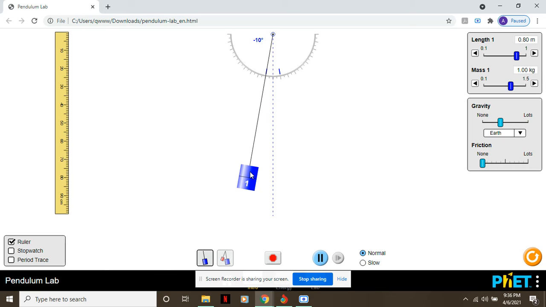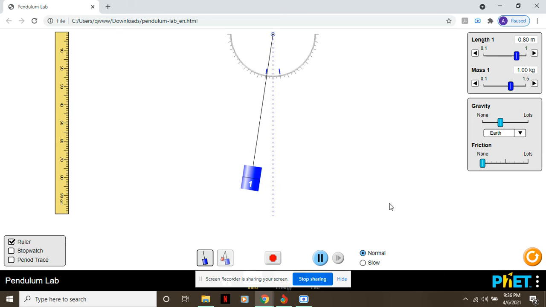Now the time it takes for it to move through one complete oscillation is what we call the period of the pendulum. And since it's time, we use the second to measure the period of the pendulum.